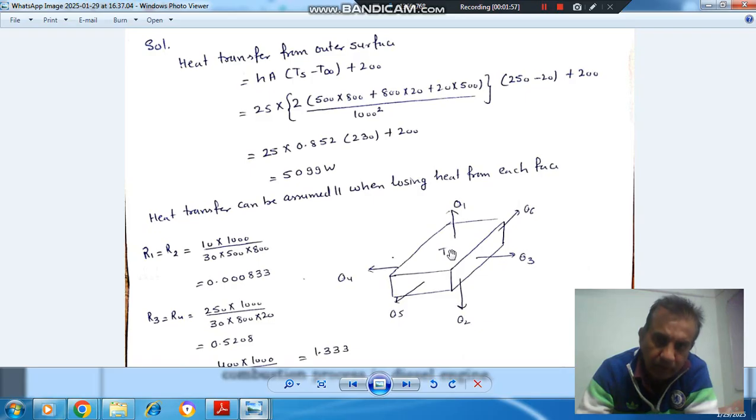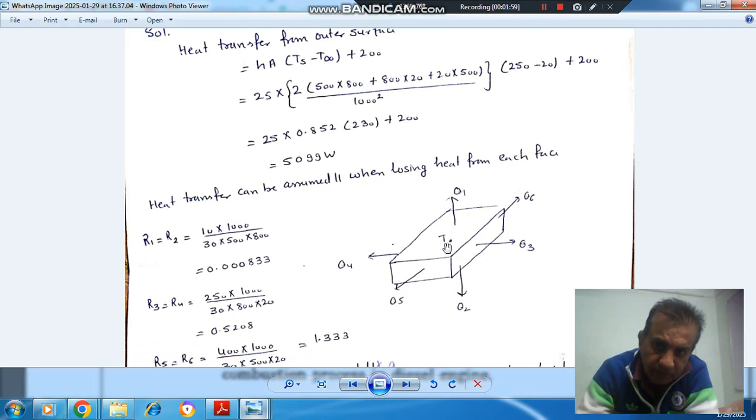So starting with the midpoint up to the surface point, the conductive resistance: the thickness is given as 20, so half is 10, and the area of this is 500 into 800. X by kA is the resistance in conduction.